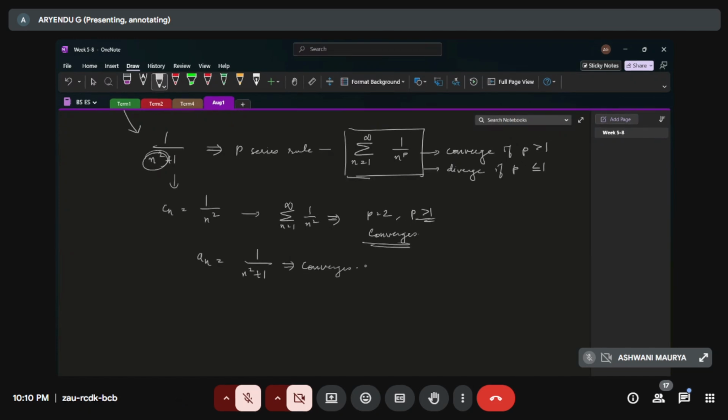This p series rule is the most important way in which you can implement the comparison test, because otherwise it will be difficult to use.